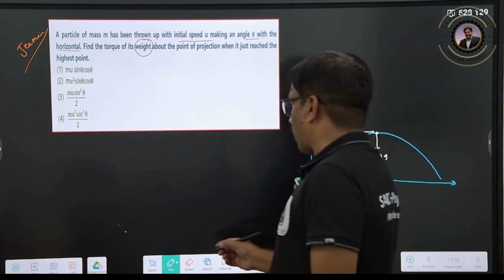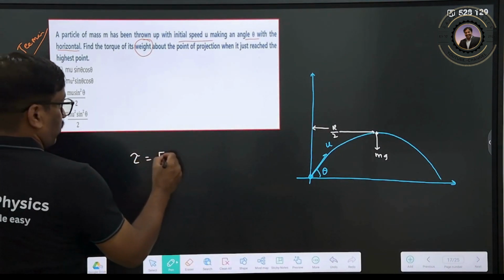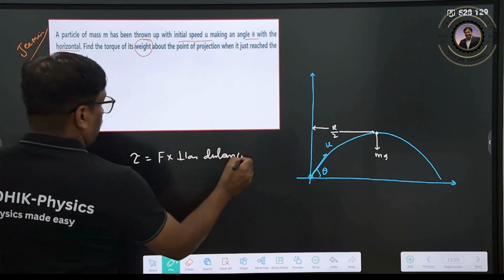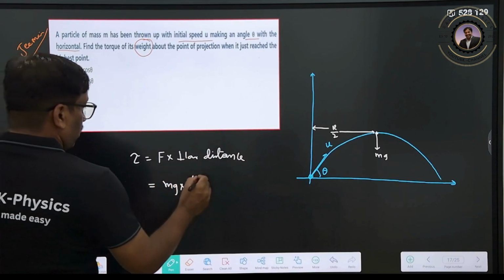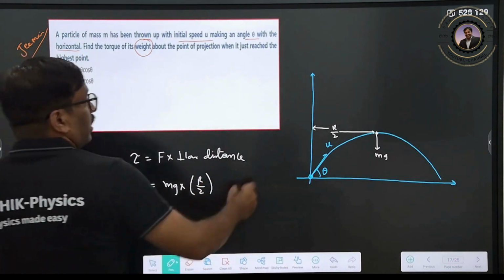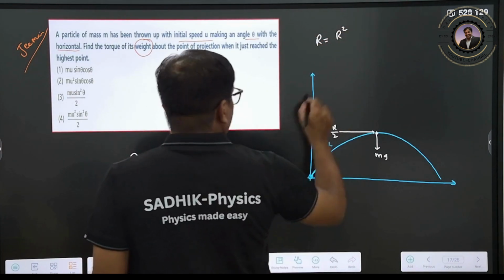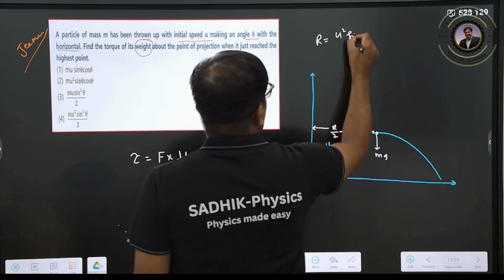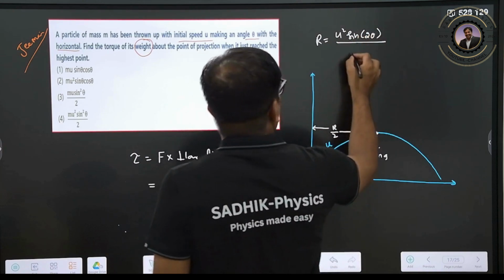So what is the torque formula? Torque is equal to force into perpendicular distance. Clear? So force is how much now? That is mg into R by 2. So what is the range formula? Range is nothing but u square sine of 2 theta by g.